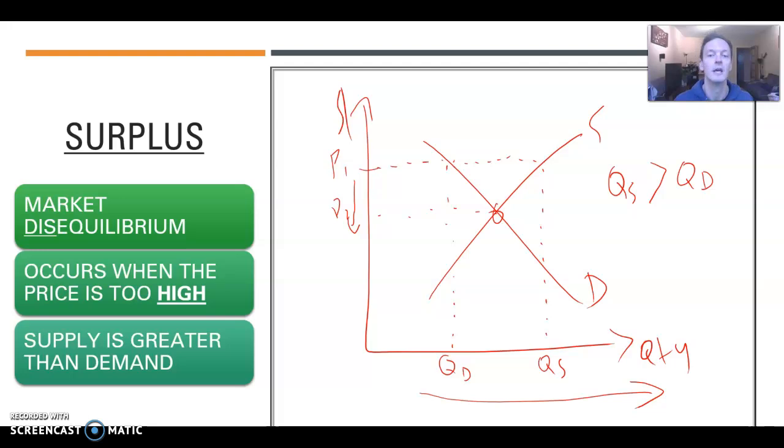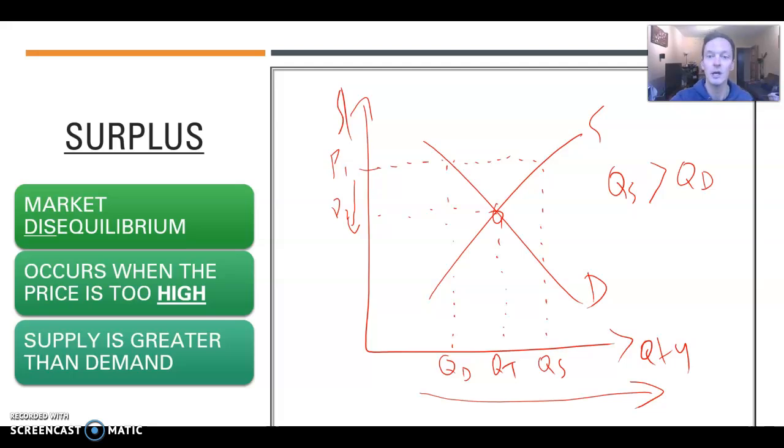And at this point, this is the final quantity traded. Quantity traded is just what we use when we have the quantity where demand equals supply. Here we have the final price where we have cleared the surplus. You're now getting more customers because at this lower price, there's a higher quantity demanded.